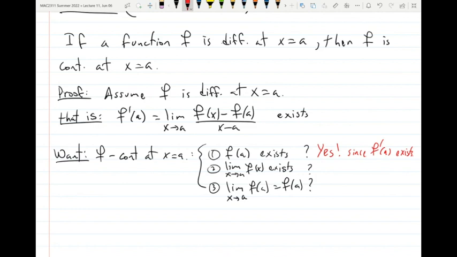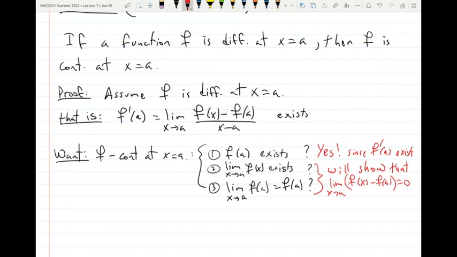Okay, so that's easy. Now I'm going to answer questions 2 and 3 together. The way I'm going to answer these is I will alternatively show instead that the limit as x approaches a of f of x minus f of a equals 0. This is what I'm going to argue. What are we saying here?